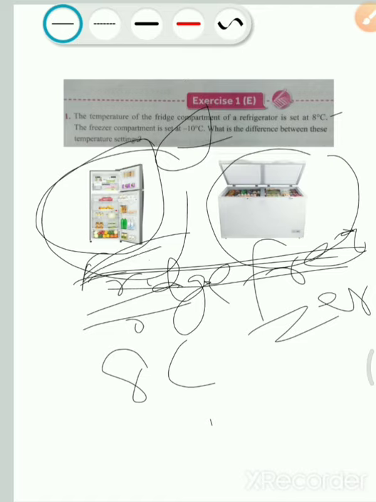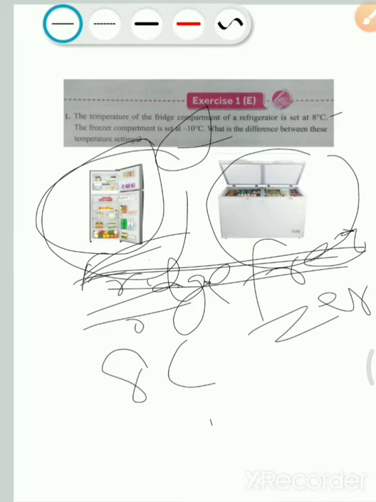That means when you are using that fridge, it will be normal. But when you are talking about freezer, it will be below 0 degrees. Yes, then what is that? It will come in negative or minus form, or minus temperature. Yes or no?